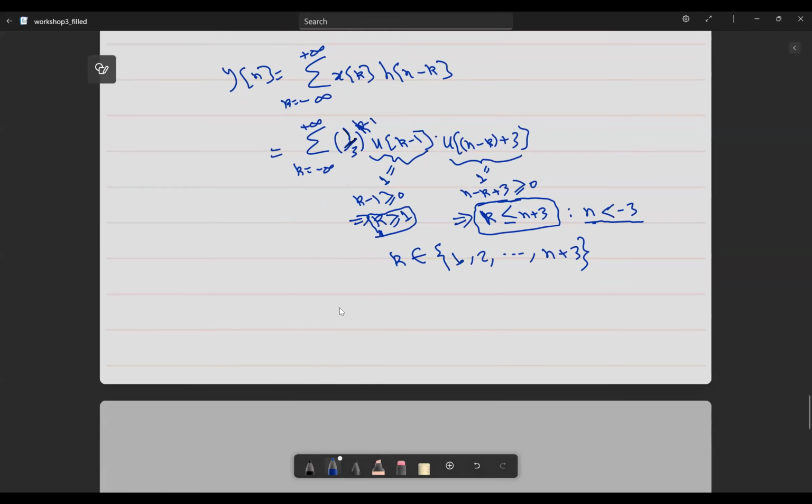But for now, since the summation is over k, those only will affect the bounds of the summation. So the summation will be from k equals 1 to n plus 3, and those will be 1, so they will disappear. The remaining term is just one-third to the k minus 1.